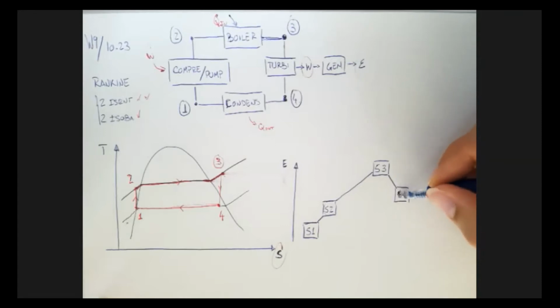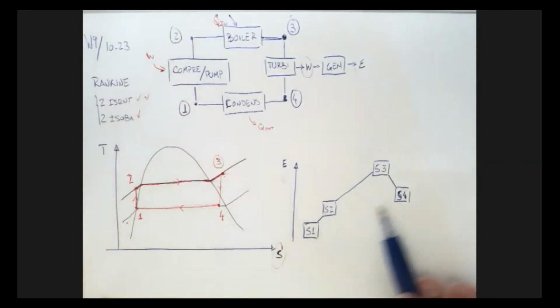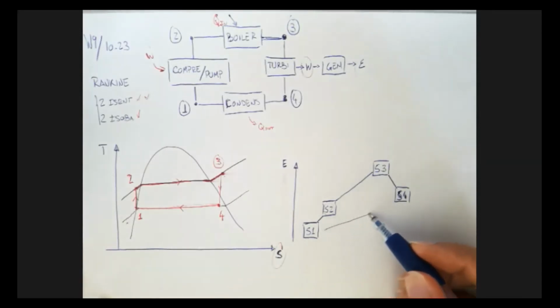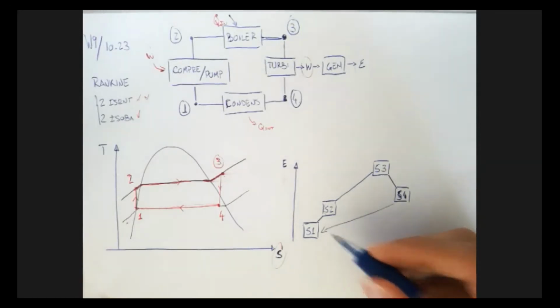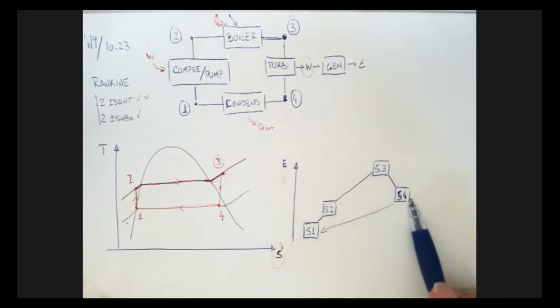Then I'm going to have my turbine working, getting that energy out, and I'm going to stop at 4. But note that 4 is still a vapor. So to go all the way back to 1, there's a big energy leap I have to undertake, all the way down. So 4 is definitely above 2, because this is vapor and this is liquid.